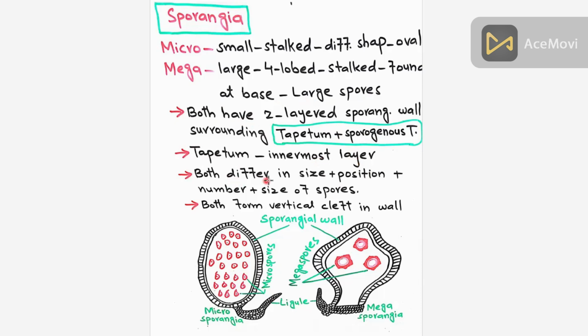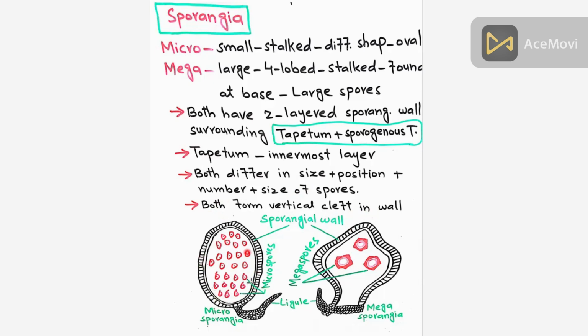Both sporangia differ in size and position in the strobilus and in the number and size of spores. Both sporangia form a vertical cleft in the wall and release the spores.